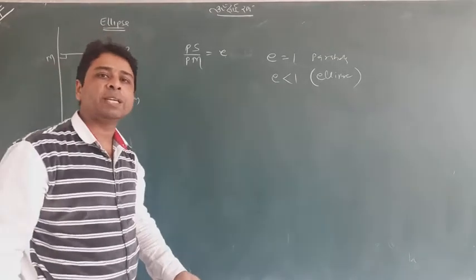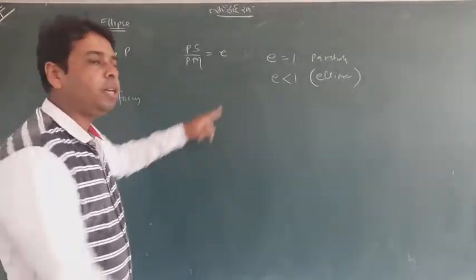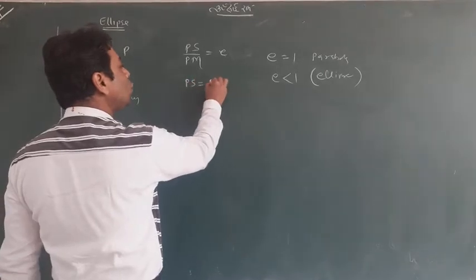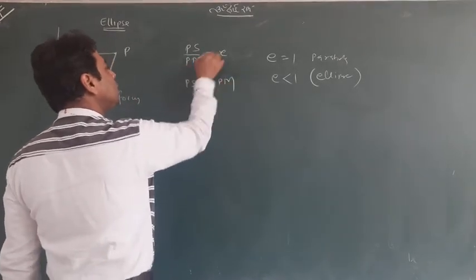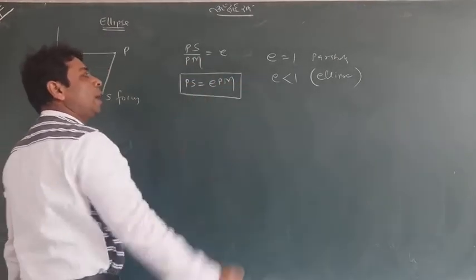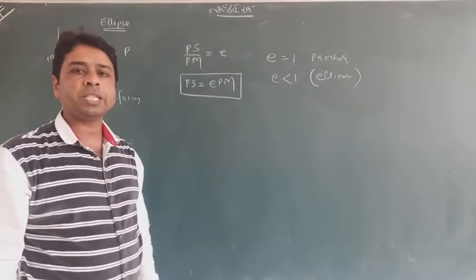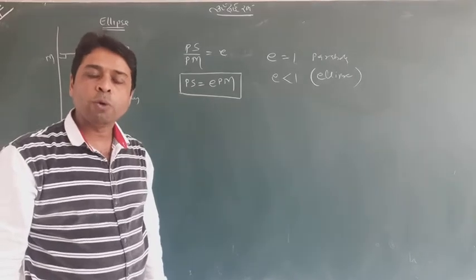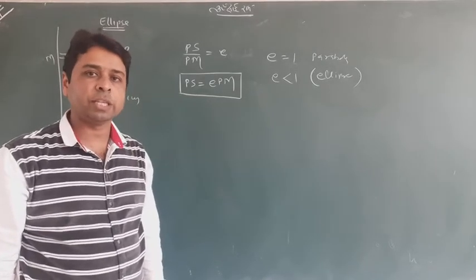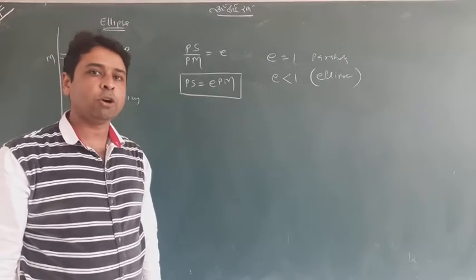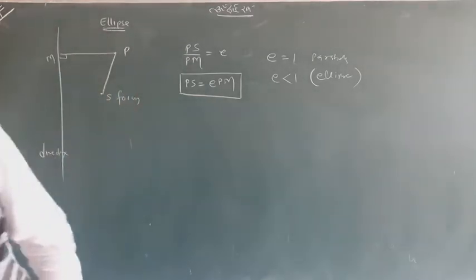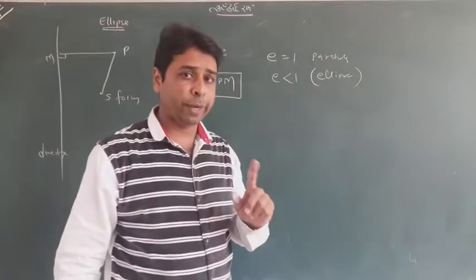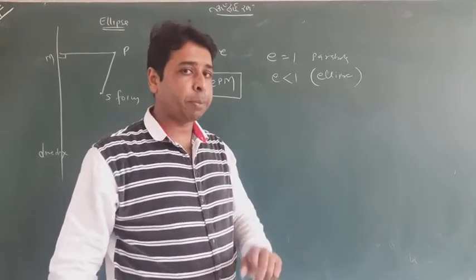This is your E, and after cross multiplication PS equal to E times PM. For an ellipse, E is always less than 1. But E is always a positive value. E cannot be negative. Just keep that in mind also.